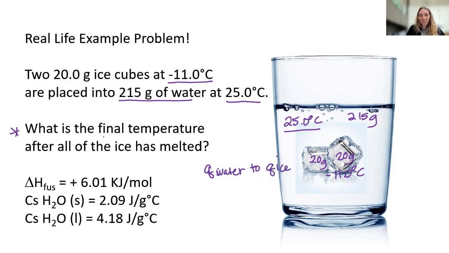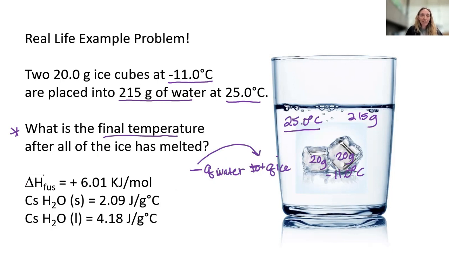Until that final temperature of the ice that started and the water is the same, okay? And so when we talk about this mathematically, we say negative Q of the water is going to equal positive Q of the ice, right? So that heat is going to go to the ice. Now, the problem also gave us a few different tidbits of information that we'll use throughout the process.